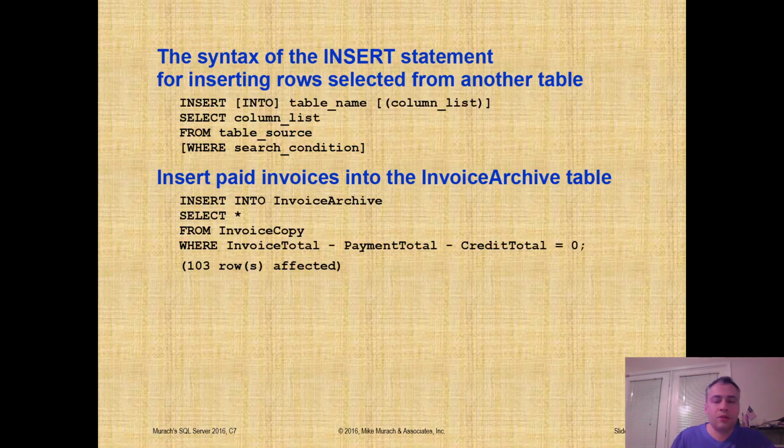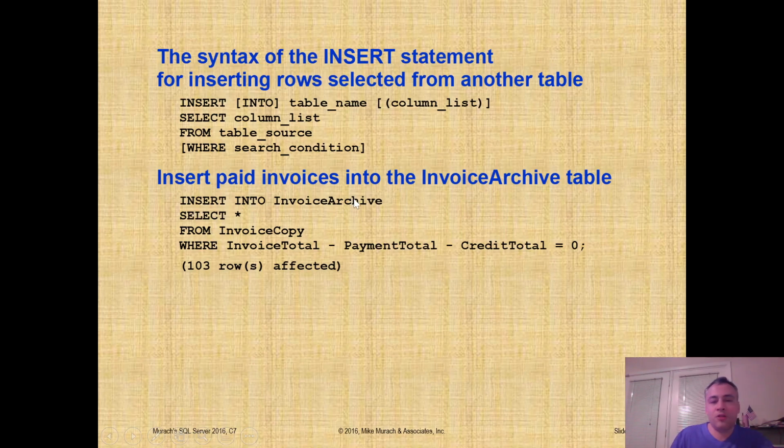All right, so now we want to insert data into a table from another table, and we can do that using a select statement. So insert into table name. We can optionally list columns, and then we are doing a subquery select column list from table source where, for example, where condition is fulfilled.